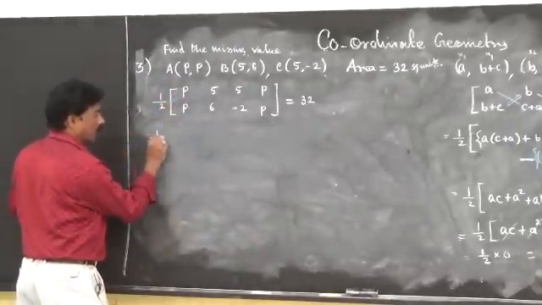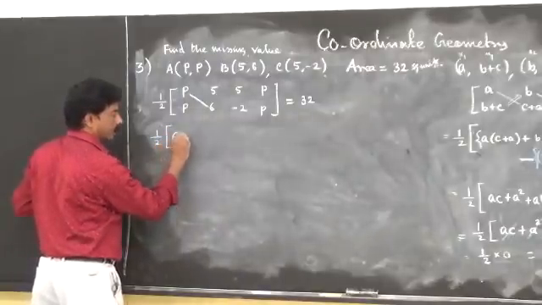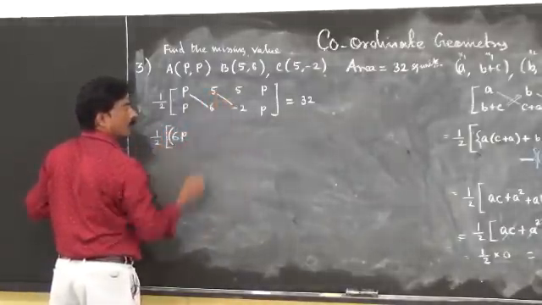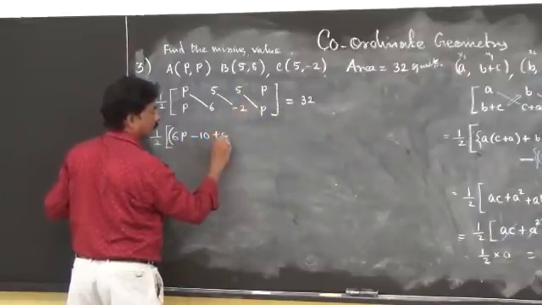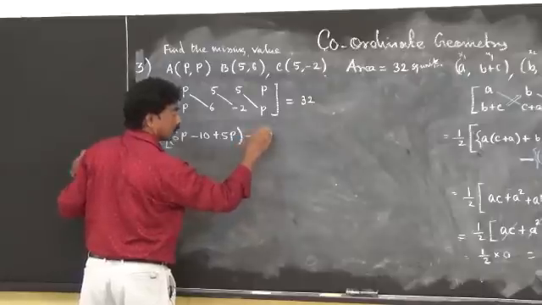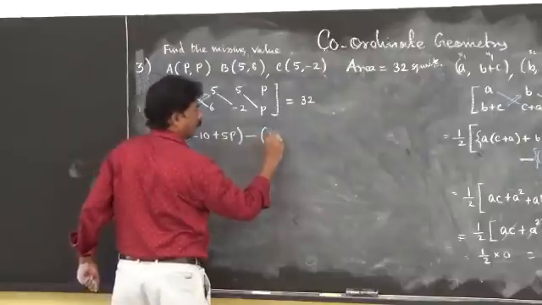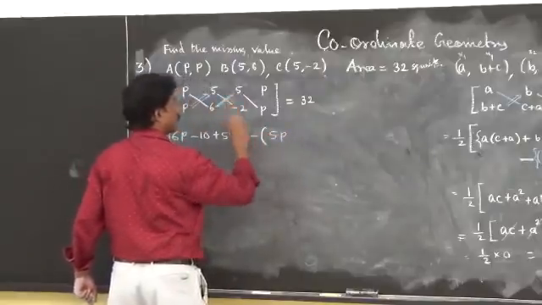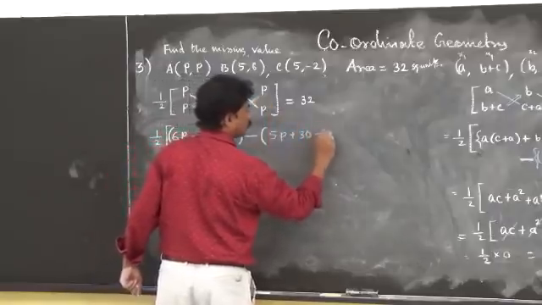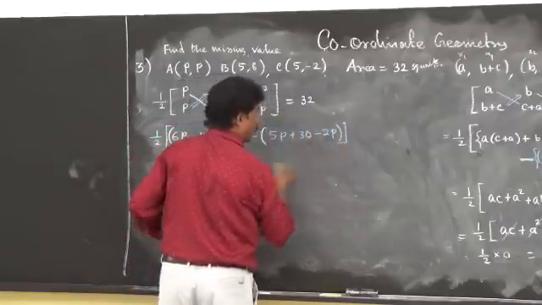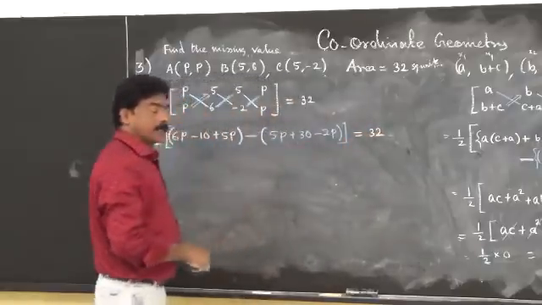Now, as usual, 1 by 2, when you multiply P into 6, 6P. 5 into minus 2, minus 10. 5 into P, 5P. Minus, P into 5, 5P. 6 into 5, 30. Minus 2 into P, minus 2P, is equal to 32. Don't forget that 32. Area is already given.